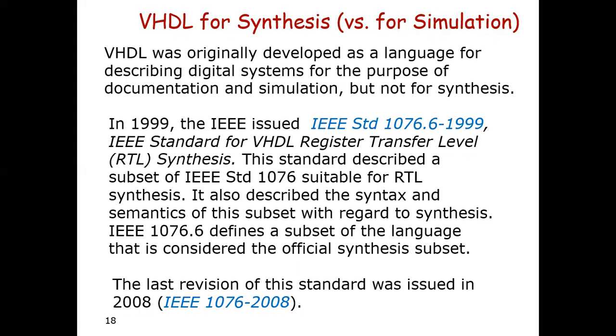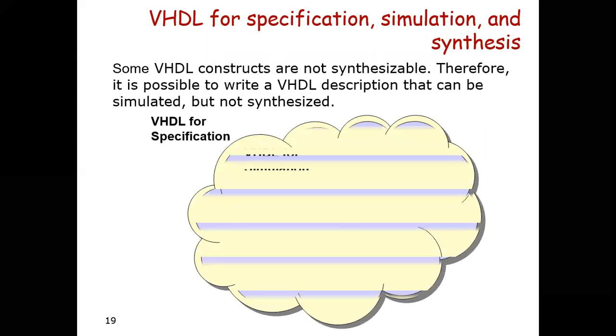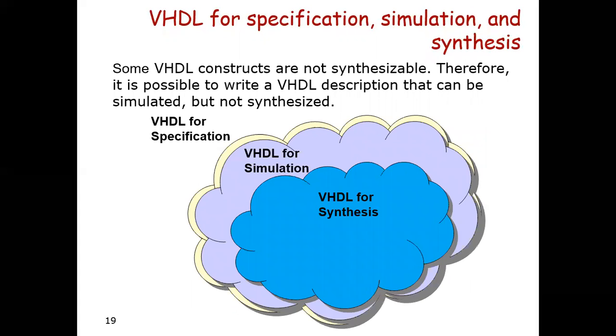The latest version of this standard was issued in 2008, that is IEEE 1076-2008. VHDL is used for specification, simulation, and synthesis. Some VHDL concepts are not synthesizable. Therefore, it is possible to write a VHDL description that can be simulated but not synthesized.